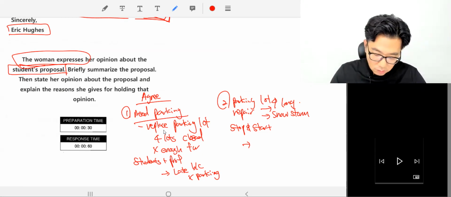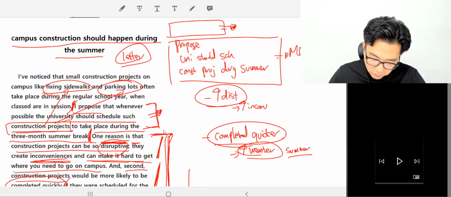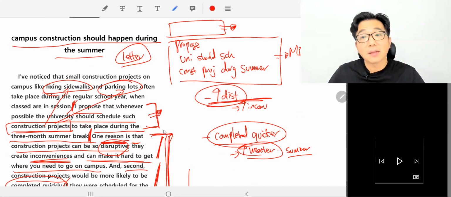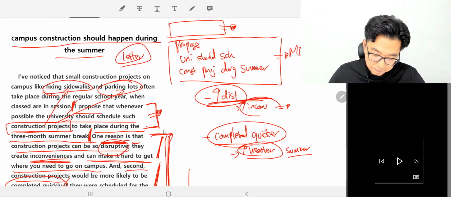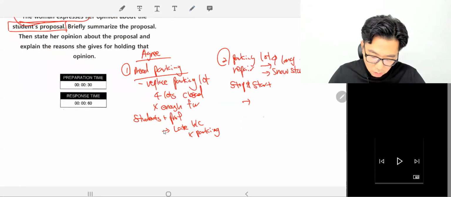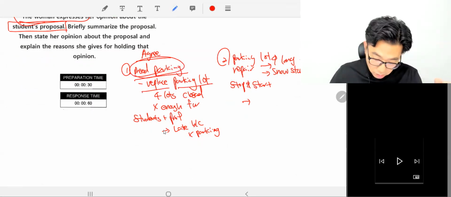All right. So let's look at the reading notes. The first reason is that it's very disruptive. So she is agreeing with that, right? It's inconvenient. They cannot go where they need to go, right? So she said, I need parking. And they replaced parking lots during the semester.